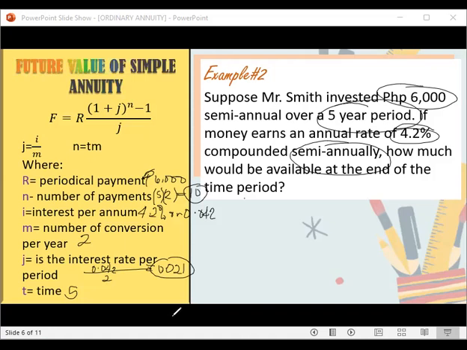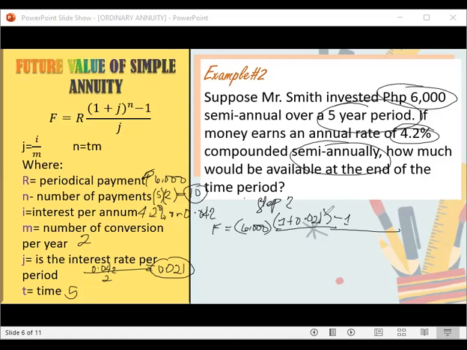What is the next thing to do? So, next is step 2. Step 2 is substitute all the given to the formula. So, F is equal to 6,000 pesos times 1 plus our J, which is 0.021, minus 1.